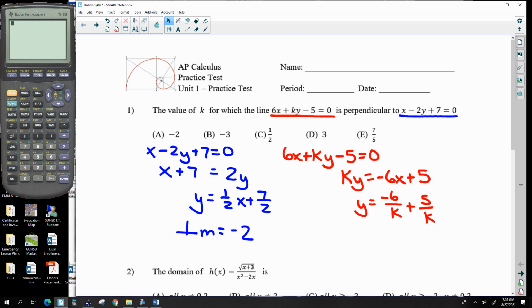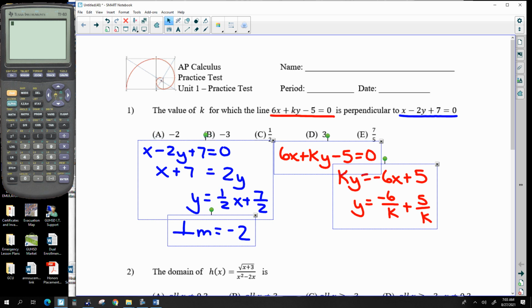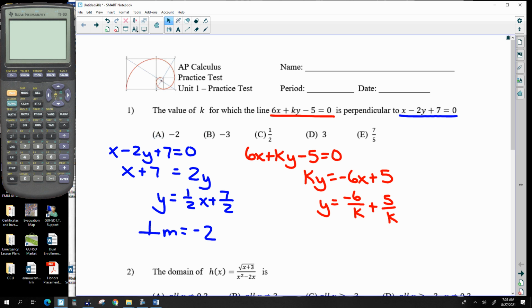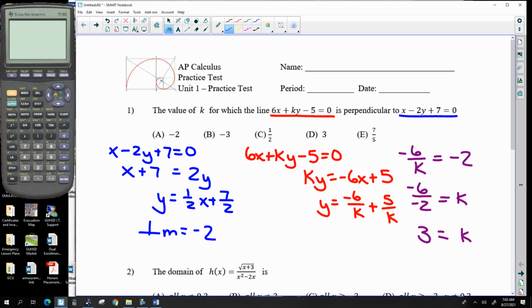Okay, so right now, I see that the slope is -6 over k. So if this line is going to be truly perpendicular, that slope, -6 over k, has to be -2. Switcho changeo, k is equal to +3.